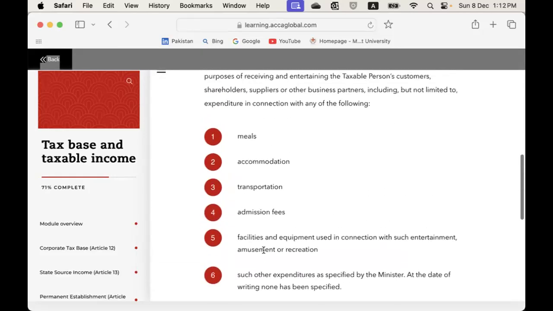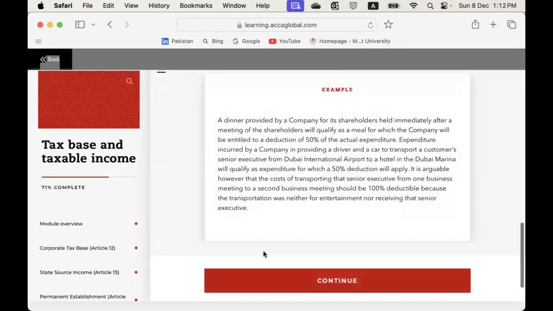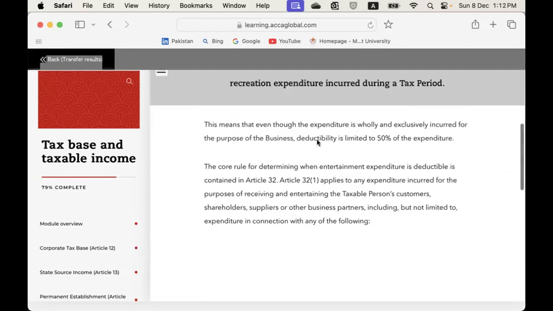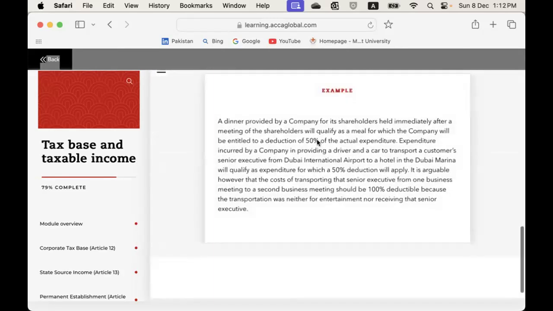These are examples of how entertainment expenditure may work. So please remember, this 50% rule is for all other parties except for the staff. Sorry, let me go to the previous one.